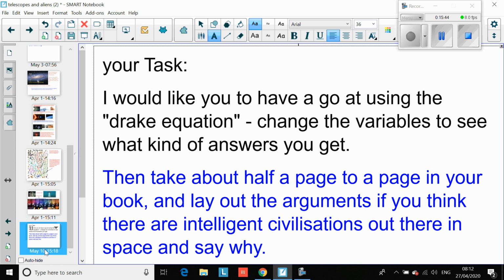If you think there are intelligent civilizations out there in space, say why. By the time you've had a go with the Drake equation, researched some of the variables and then written it up, that will probably take you about half an hour or so to do properly, probably a bit longer actually.